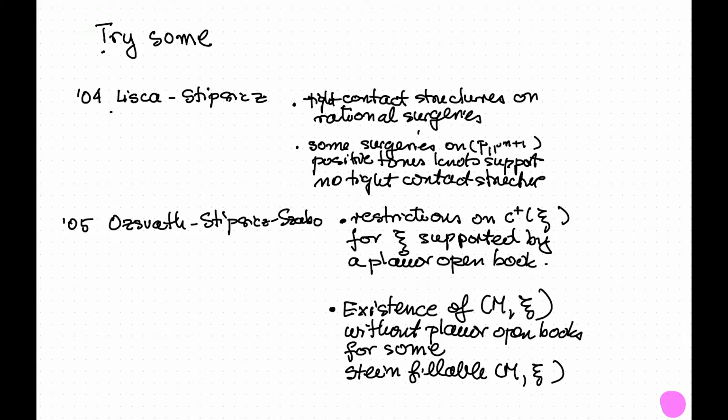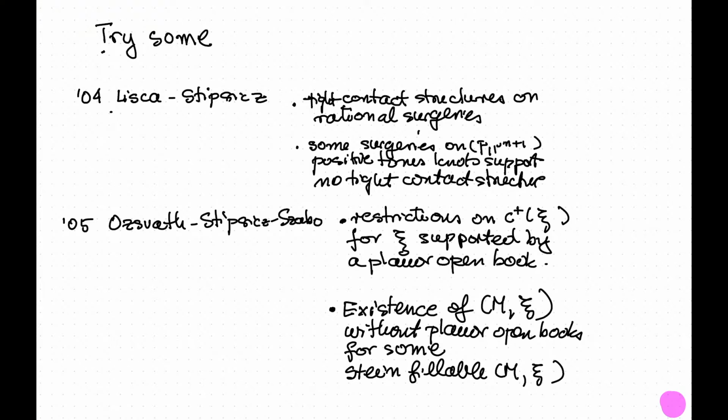A planar open book is, from the genus point of view, the simplest possible page of the open book, which is a disk with some holes punched in. So there was a question whether every contact structure supports such an open book. Etnyre proved that every overtwisted contact structure supports such an open book.